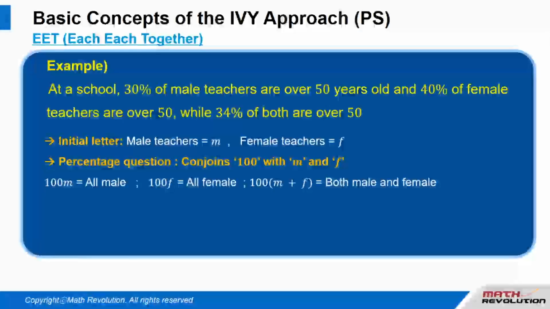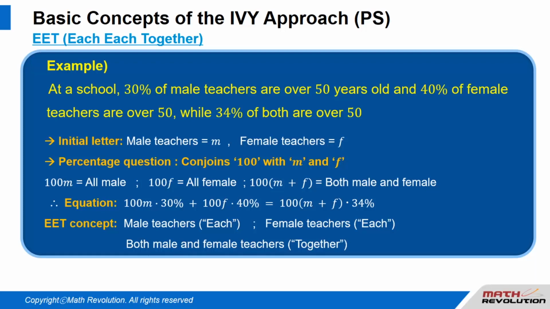The initial letter of male teachers is M, and the initial letter of female teachers is F. Since this is a percentage question, we need to conjoin 100 to these initials. We get 100 times M for all male teachers and 100 times F for all female teachers. And 100 times the whole of M plus F represents the total number of both male and female teachers.